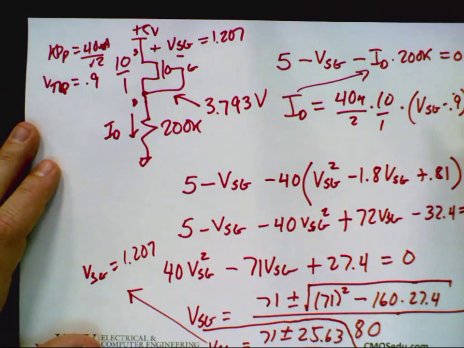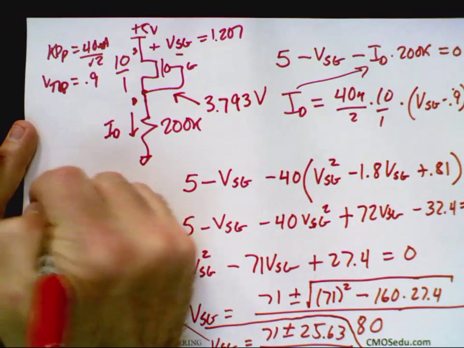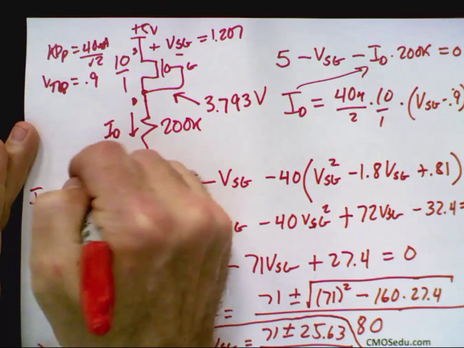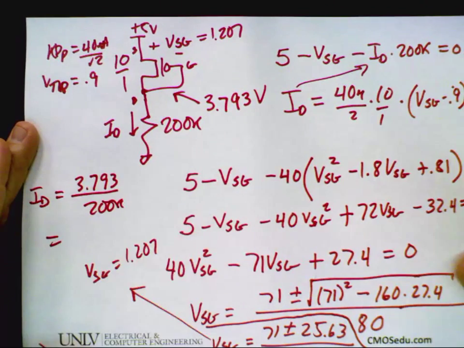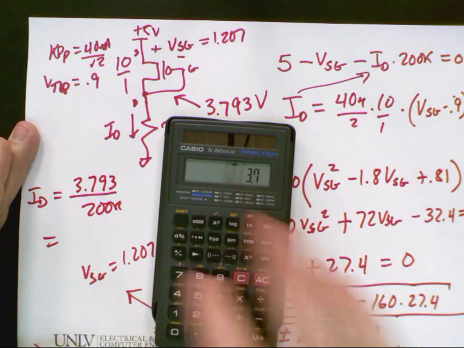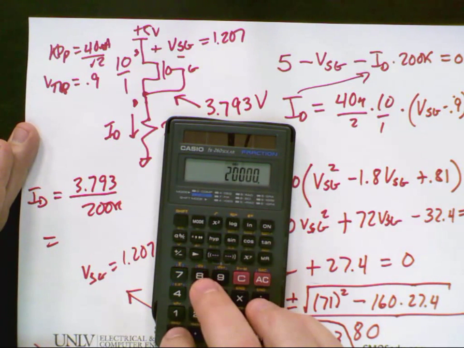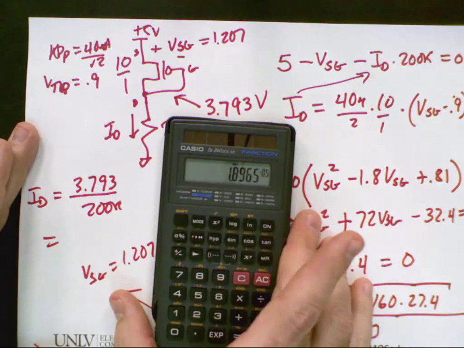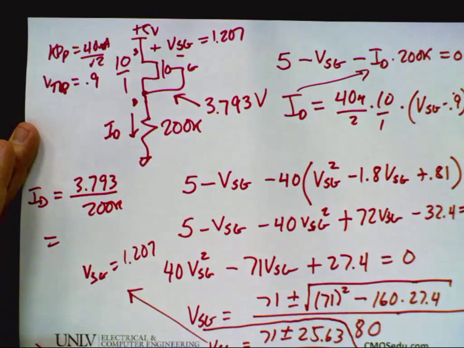Does everybody see that? So then ID is equal to 3.793 over 200K, which is equal to 18.96, so roughly 19 microamps.